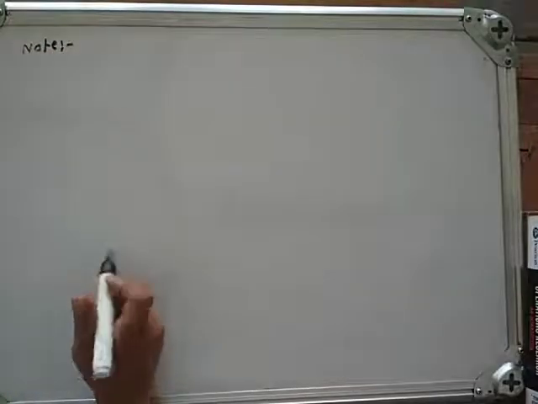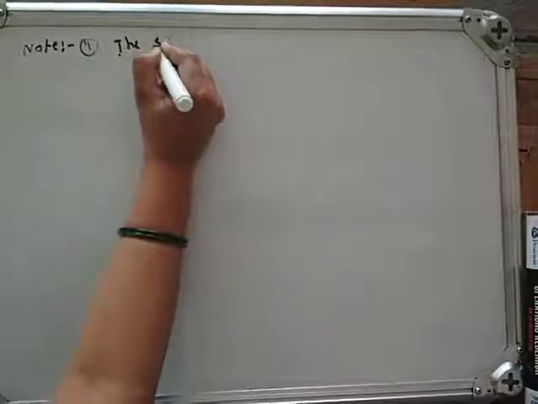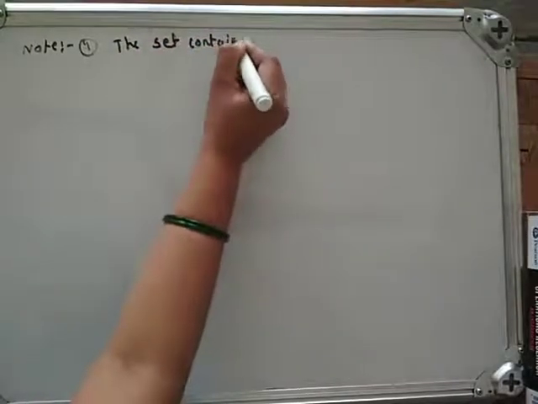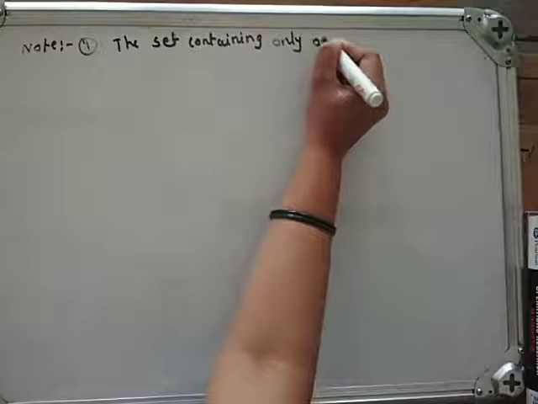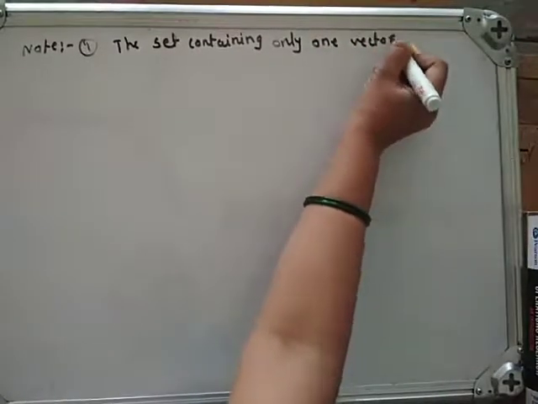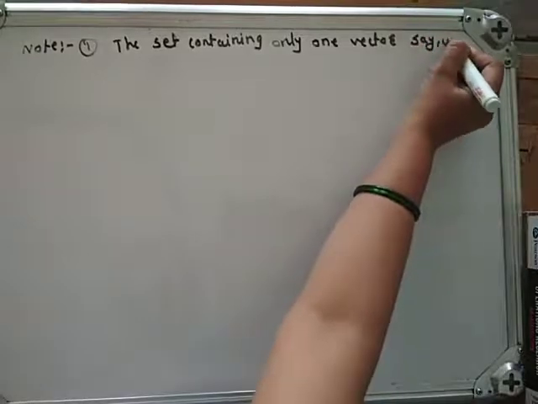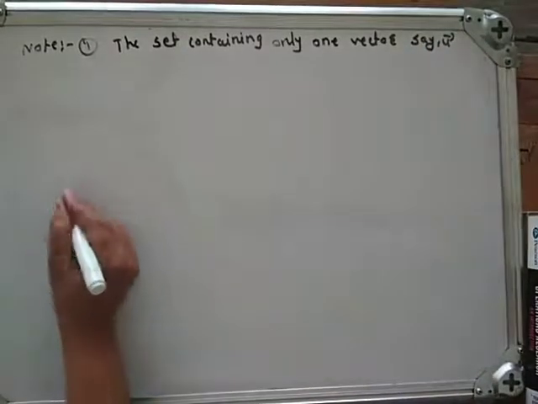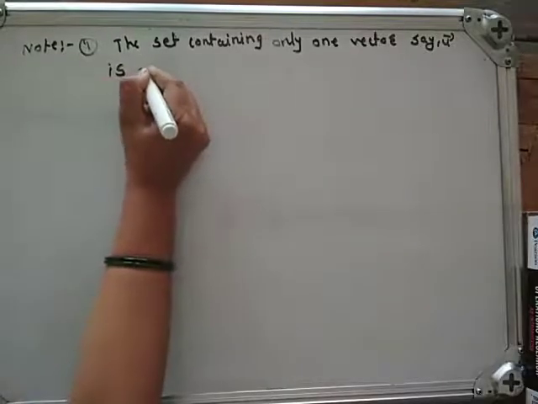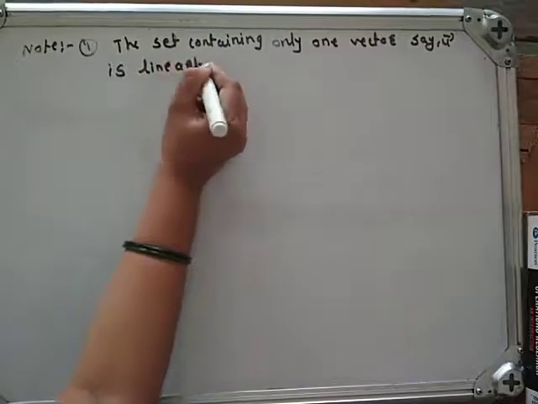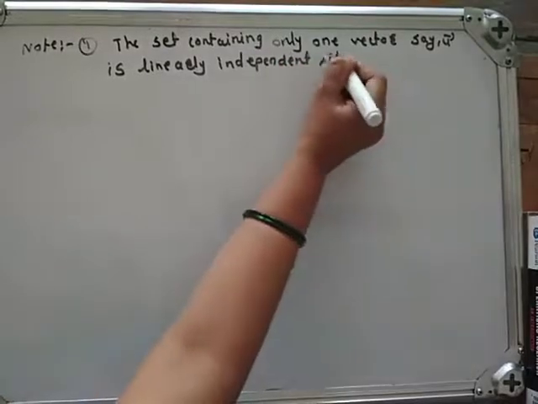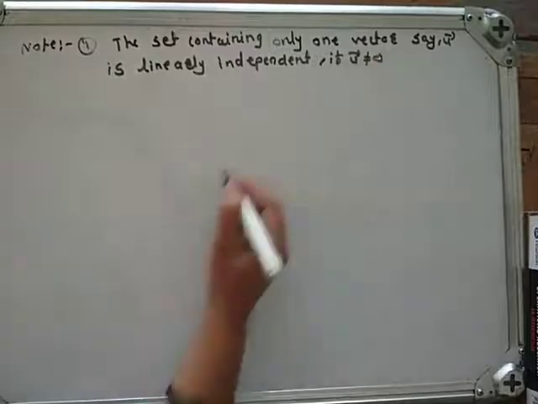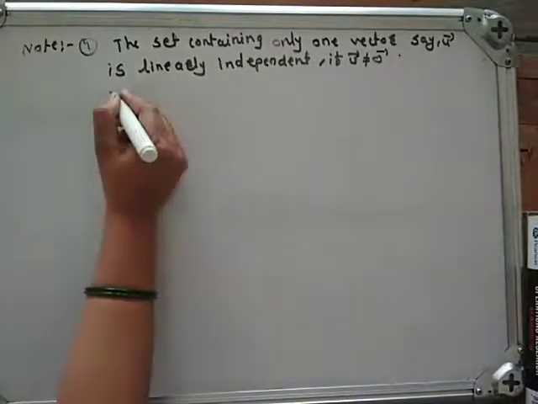Write down some notes. First note: the set containing only one vector, say u bar, is linearly independent if u bar is not equal to 0 bar. Why is this?